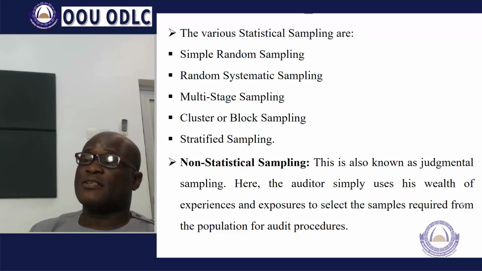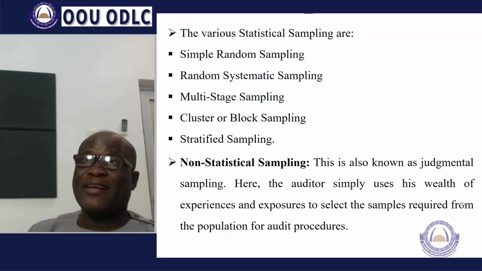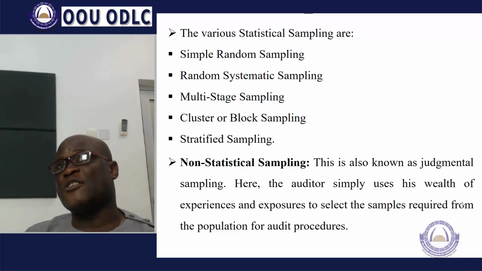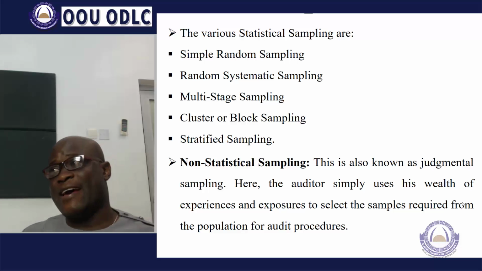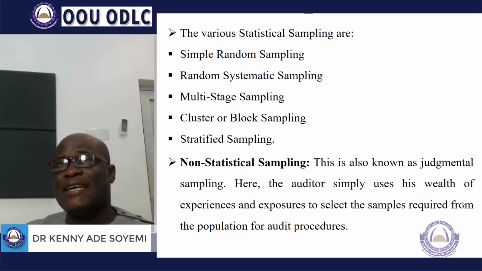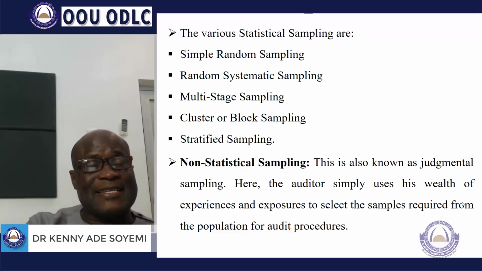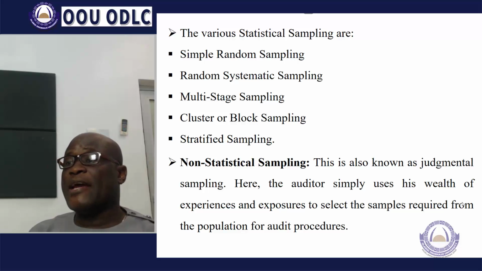And of course, in auditing, experience matters, especially with respect to a particular client that you have been the auditor for over the years. You must be well abreast with their accounting system, even the general operating system. So you could easily say that this is a particular place that has high audit risk, hence you know what to do in that area.